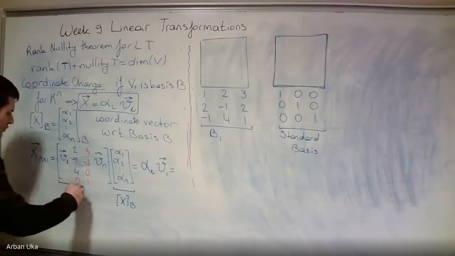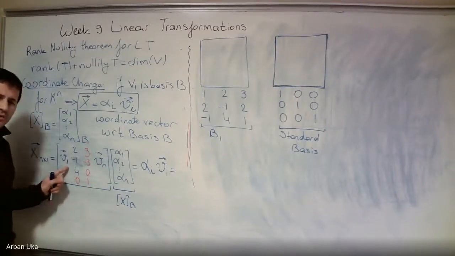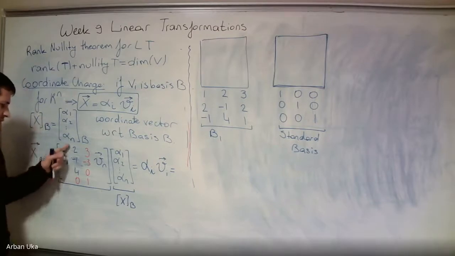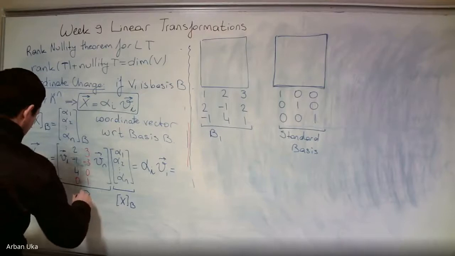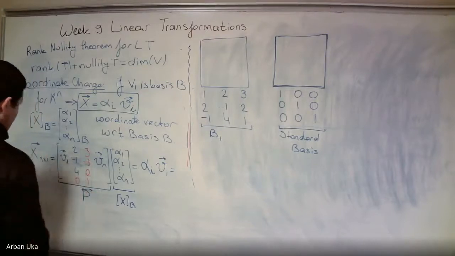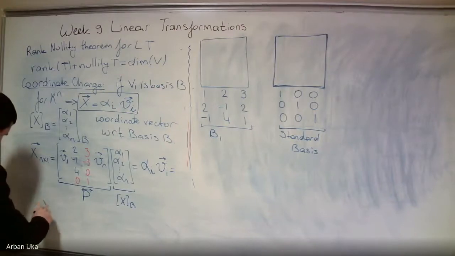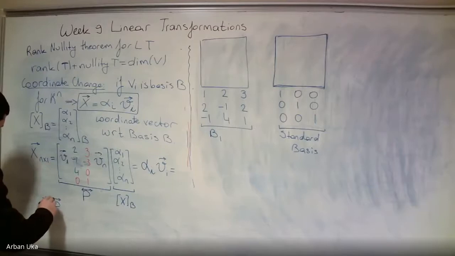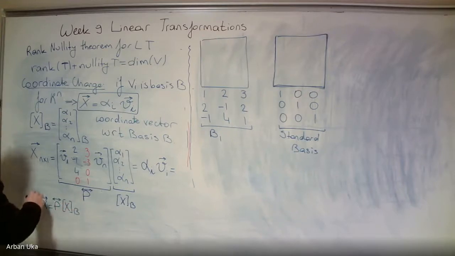And the matrix which is composed in its columns by the basis vectors, let's denote this one as P, matrix P. What we observe here is that this vector x is equal to matrix P times x according to basis B.